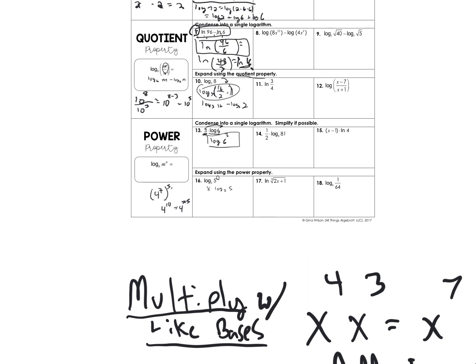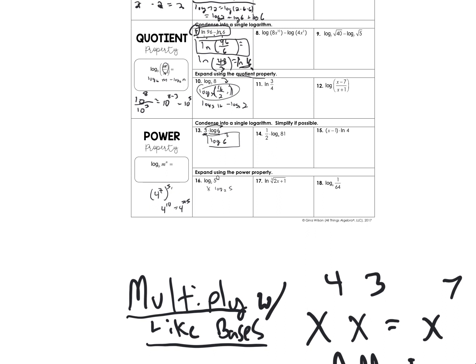And if you remember that whenever you're multiplying like bases, which by the way, exponents are logs, so it made sense that when you had a log of a times b, it makes sense that if the answer right here is an exponent, then obviously each log, if I break it into 2 separate logs, is the same as adding 2 exponents.